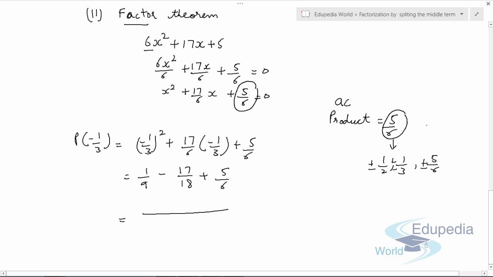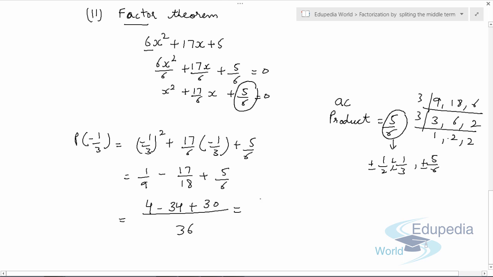The LCM of 9, 18 and 6 is 36. So here it comes out to be 4 minus 34 plus 30, which is 34 minus 34 upon 36. So the answer will be 0.